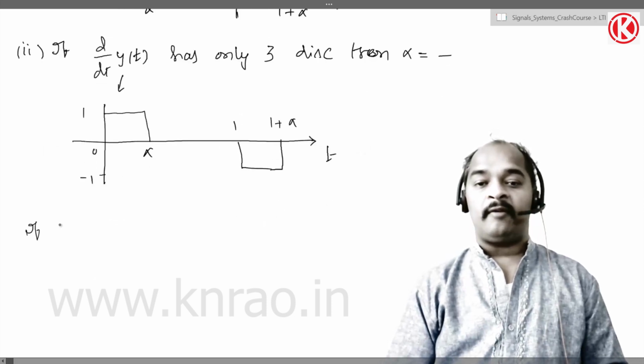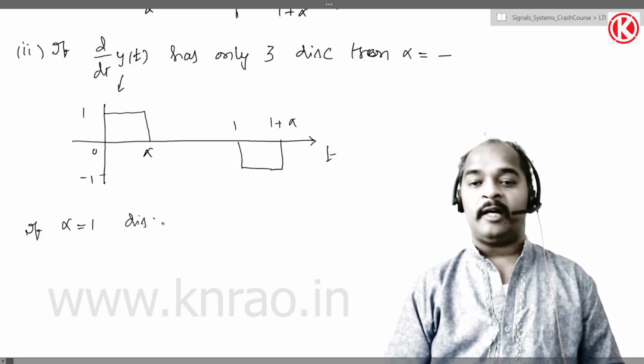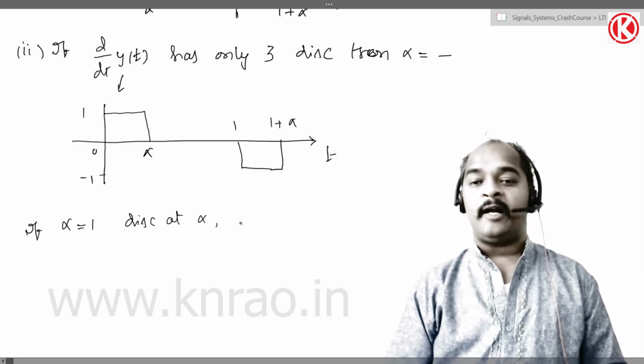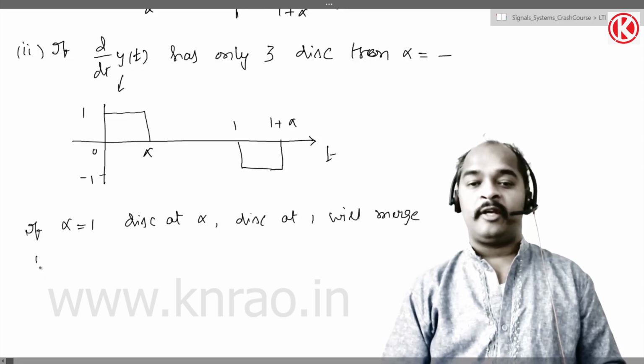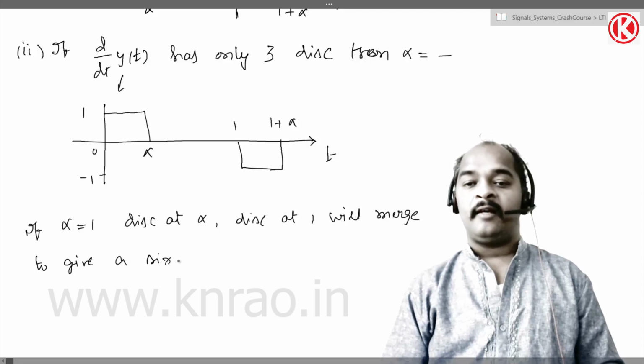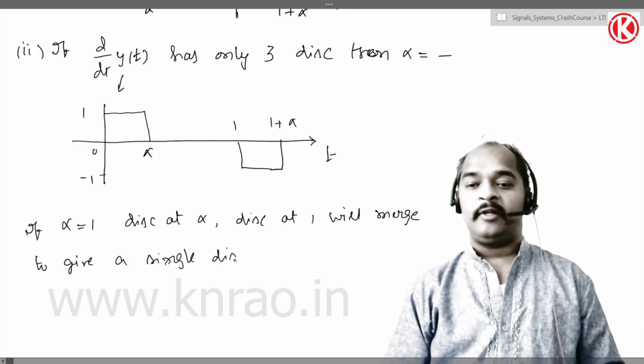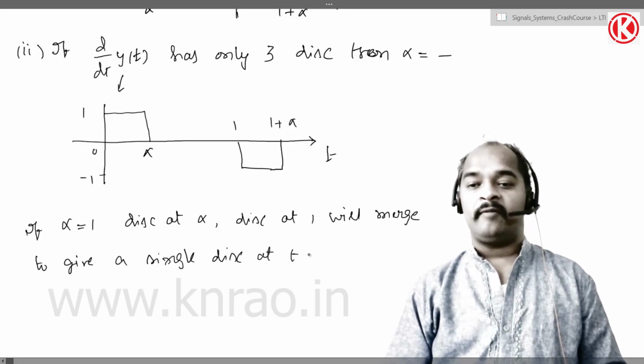So what we have to say is, if alpha equals 1, the discontinuity at alpha and the discontinuity at 1 will merge to give a single discontinuity at t equal to 1.